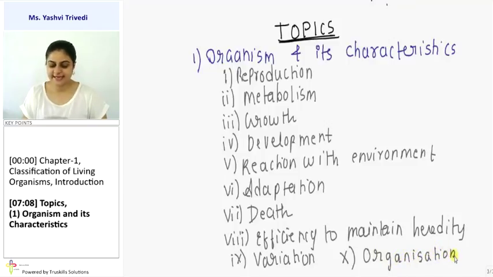So these are the various characteristics of the organism on the basis of which they will be defined.